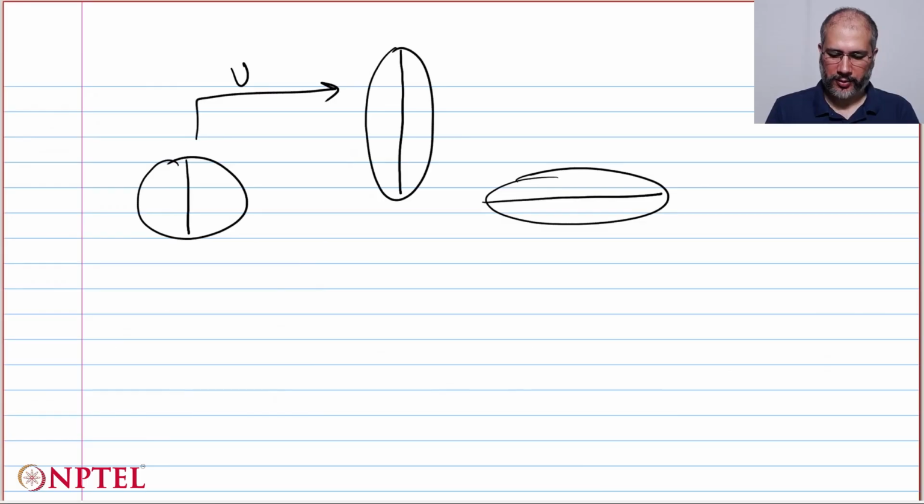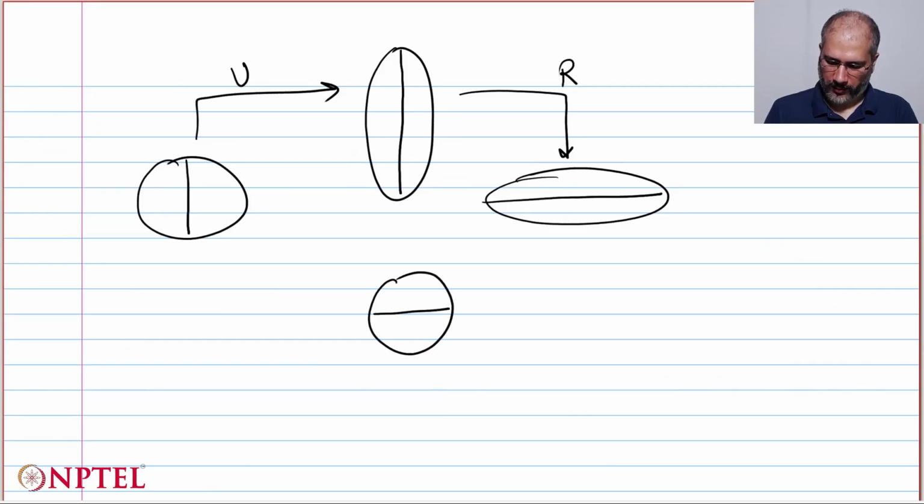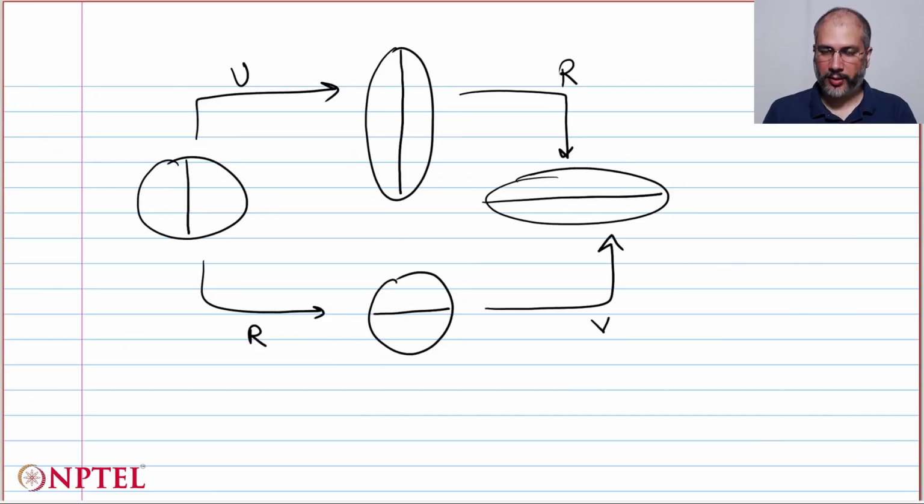So this is applying a stretch through the symmetric stretch tensor. And then we rotate it, which is applied through the rotation tensor R. On the other hand, we can first rotate it 90 degrees clockwise. So this is applied through a rotation tensor, and then we stretch it, which is applied through a symmetric stretch tensor.